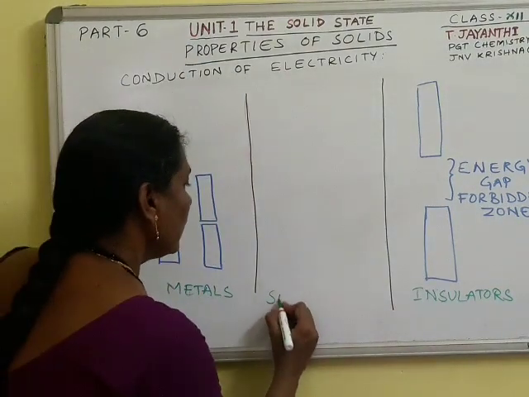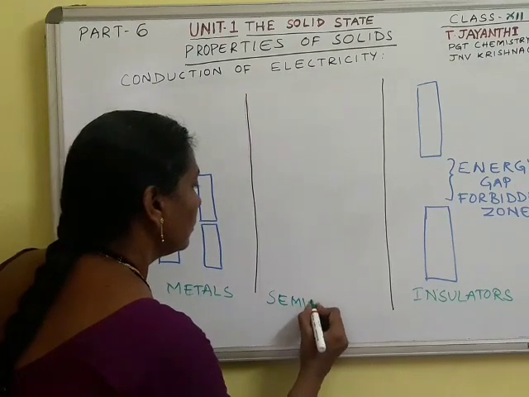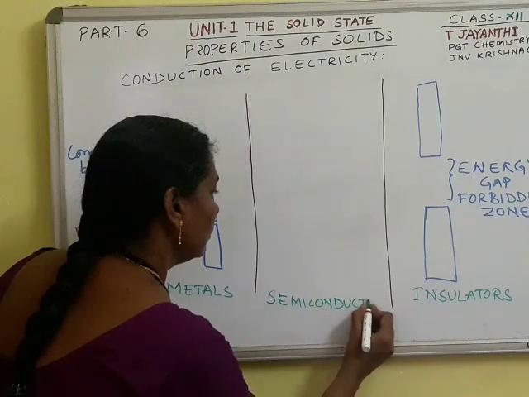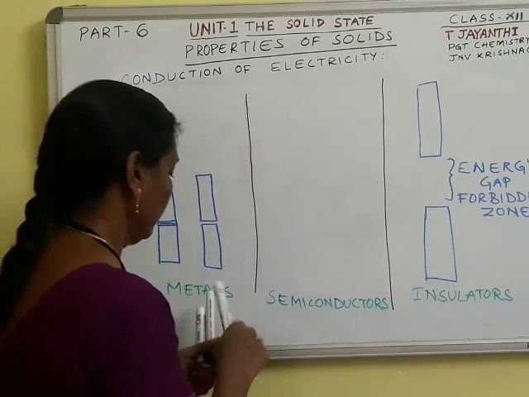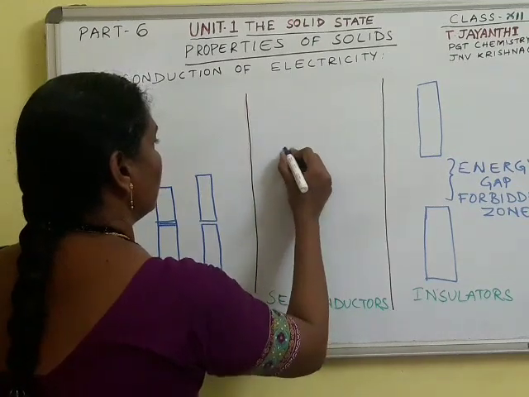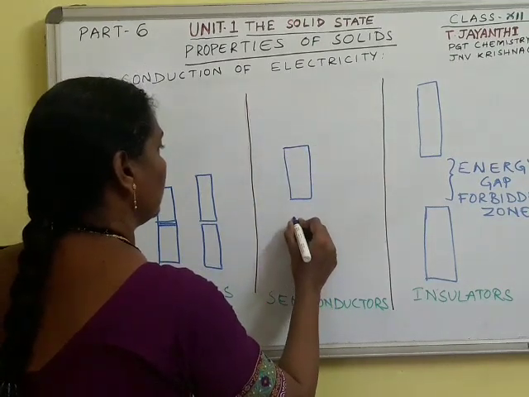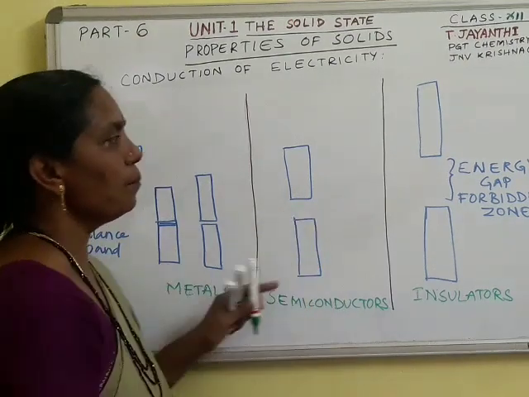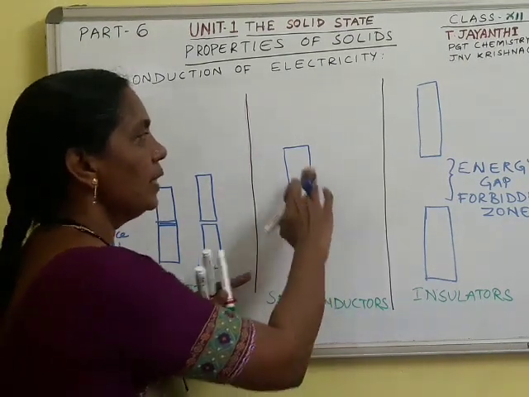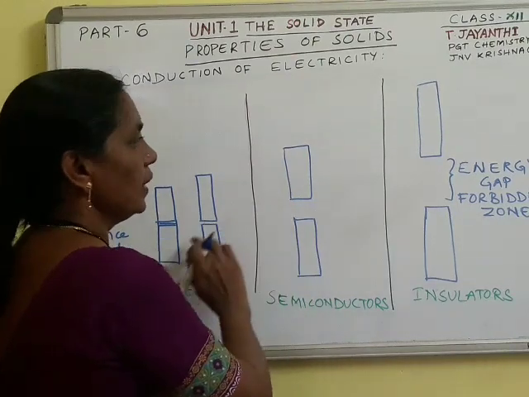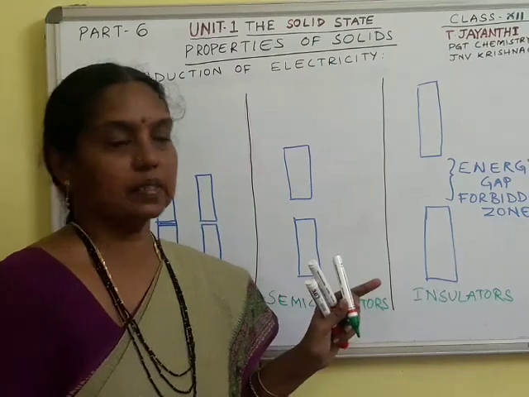Now coming to semiconductors. The energy gap between the valence band and the conduction band is in between that of the conductors and the insulators.